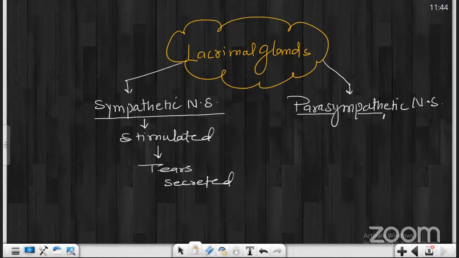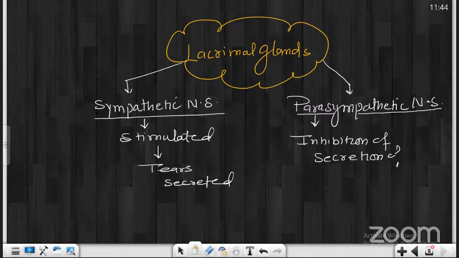It will cause inhibition of secretion from the tear gland or lacrimal gland. अब आपके आंसू नहीं आएंगे.